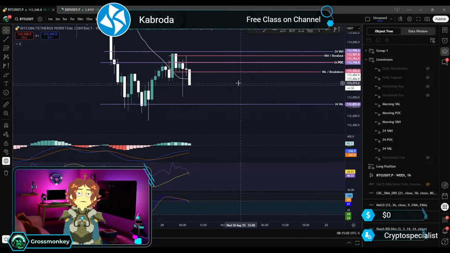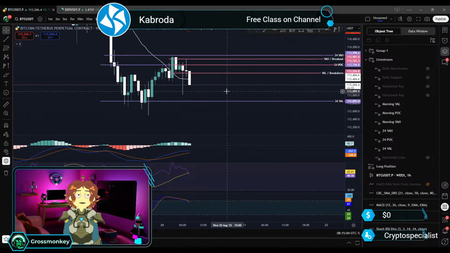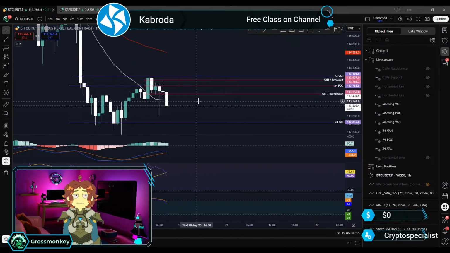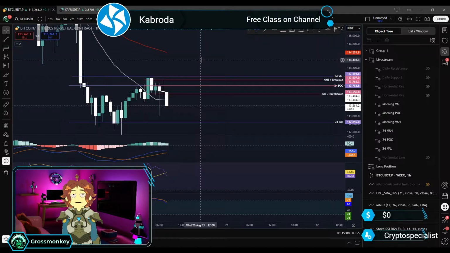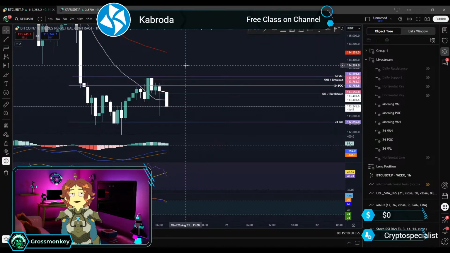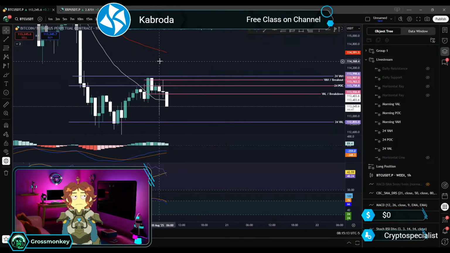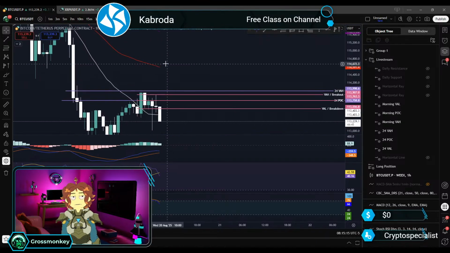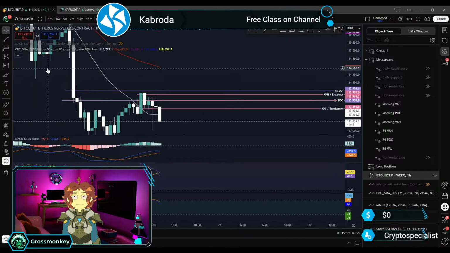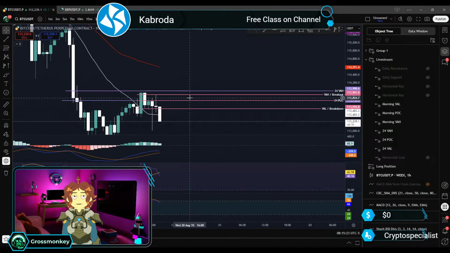So basically what ChatGPT is saying is that we have that bullish time frame intact until we get above around the 114.6K level, which is really around this 50 MA here.